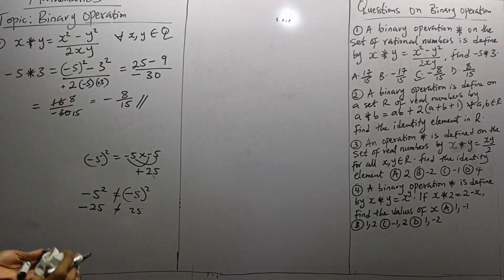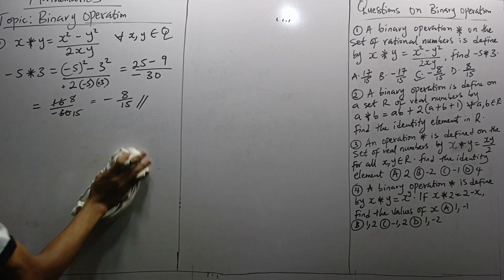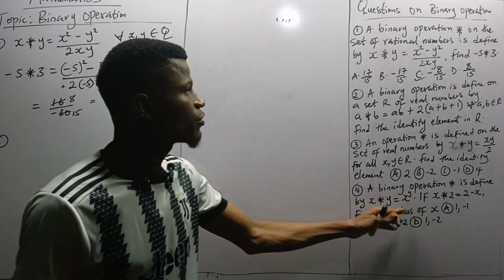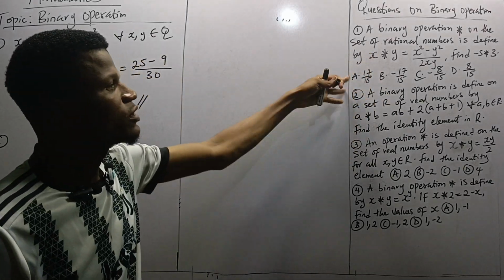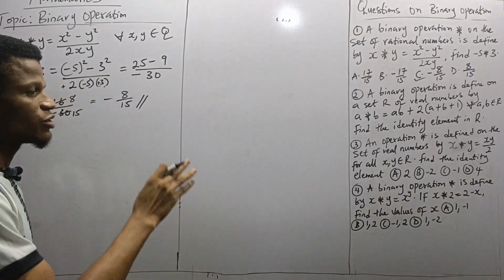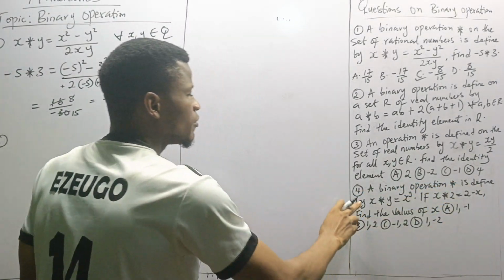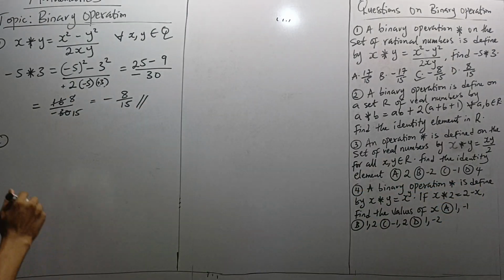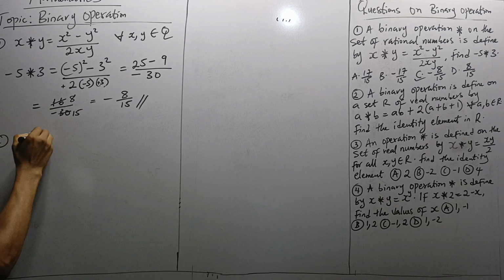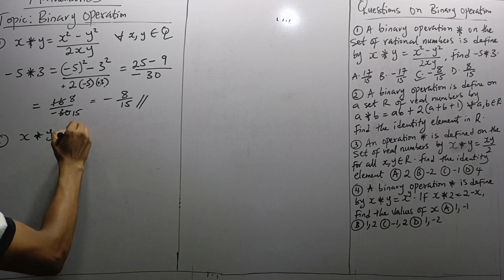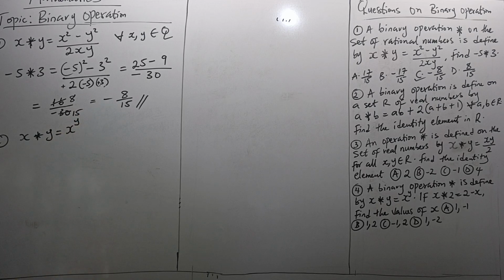Then we have the next one. Let's solve this number 4. I'm still coming back to the identity element question. We'll come back to that. A binary operation asterisk is defined by x operation y equals x raised to power y.